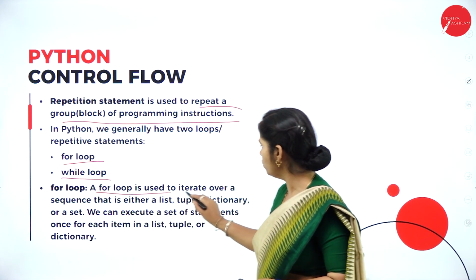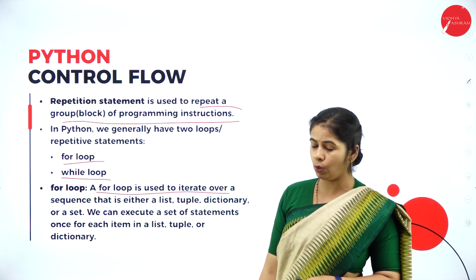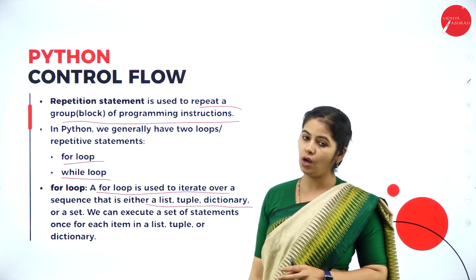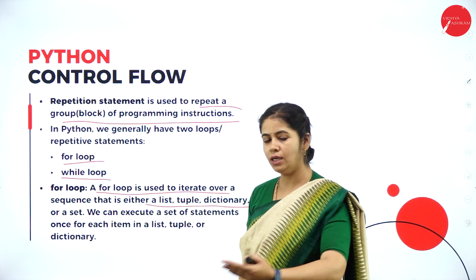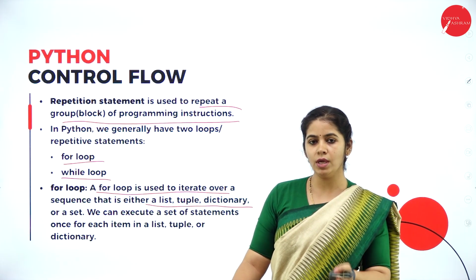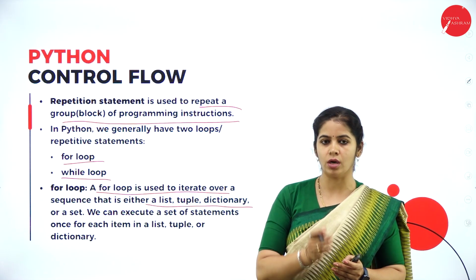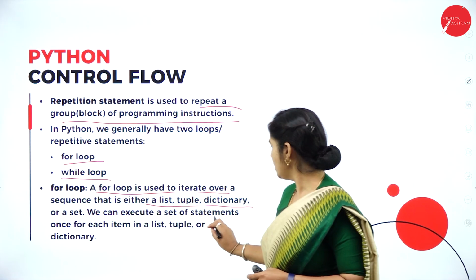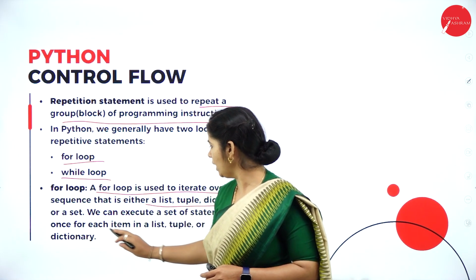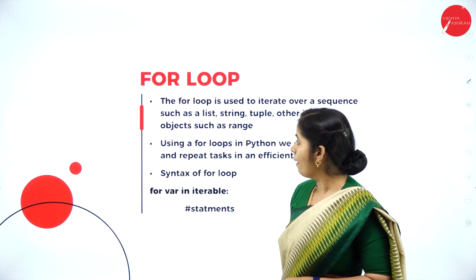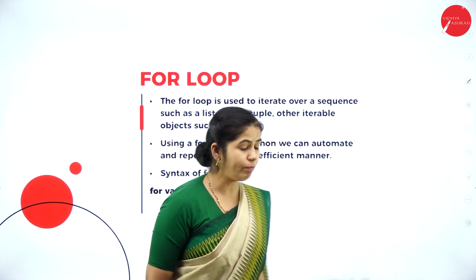A for loop is used to iterate over a sequence, either a list, tuple, dictionary or set. On whatever data type we have discussed so far, we can iterate n number of times. We can execute a set of statements once for each item in a list, tuple or dictionary.